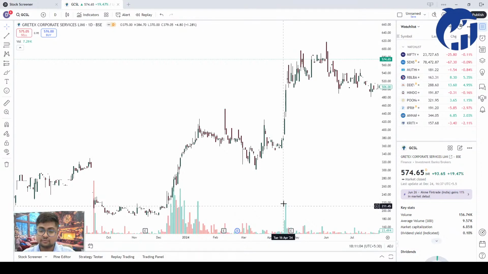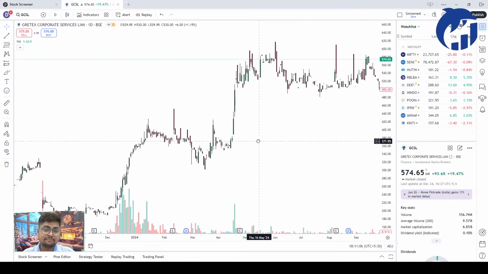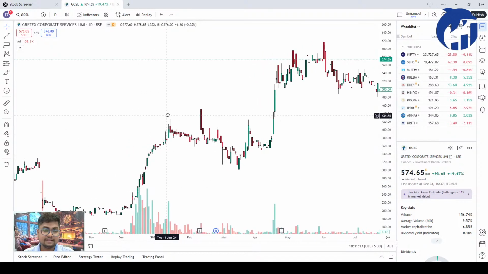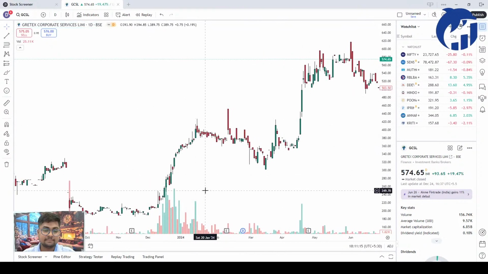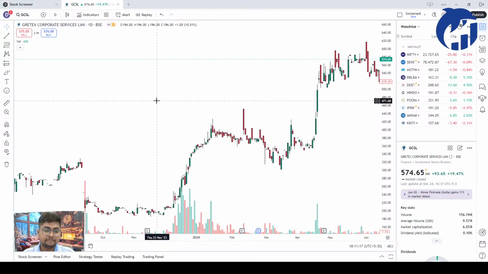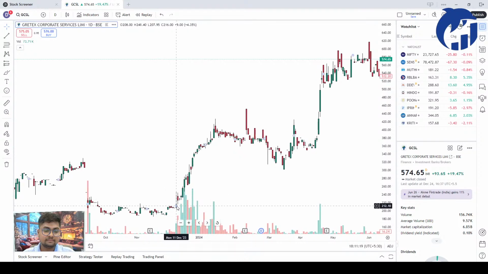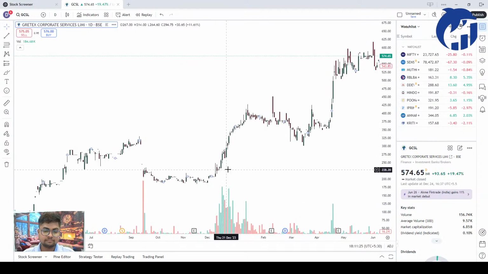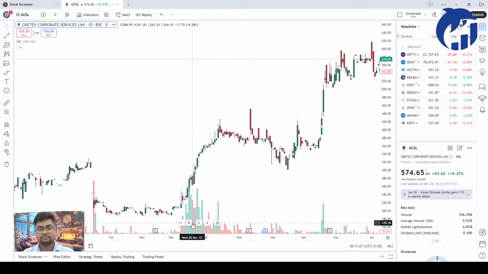Here also we can see the stock is rising, but just have a look. Main funds have started making their position at this level, right? At what price?